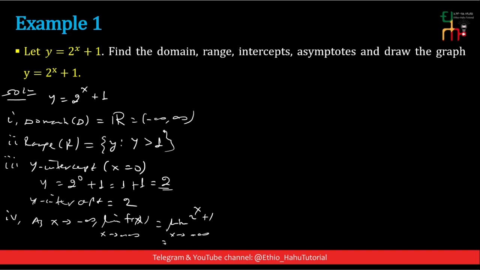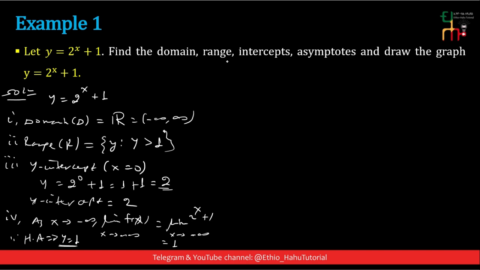This is equal to 1 because e to the power of x approaches 0 as x approaches negative infinity. 0 plus 1 is 1. Therefore, the horizontal asymptote is y is equal to 1.